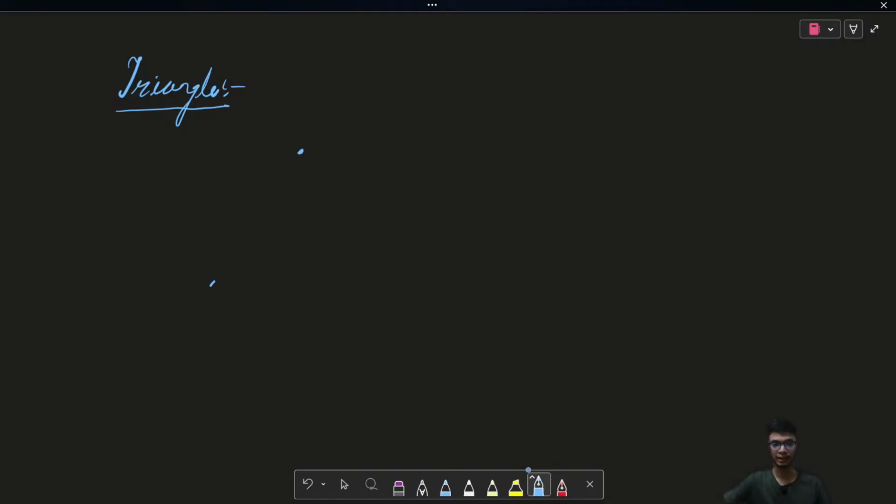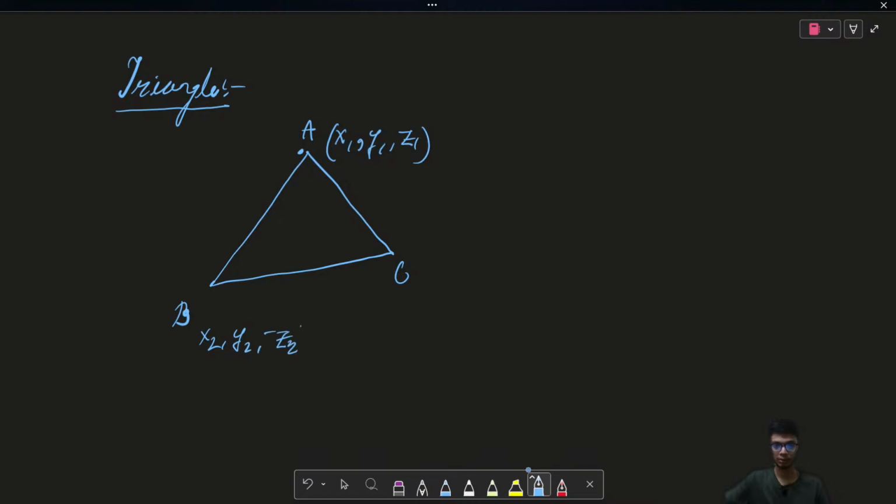So if I give you a triangle in the three-dimensional space, let us say the coordinates of the points of the triangle are given as follows. Now we've already seen that by using the vector relations we can find the area of this triangle, right? So the result is very simple.